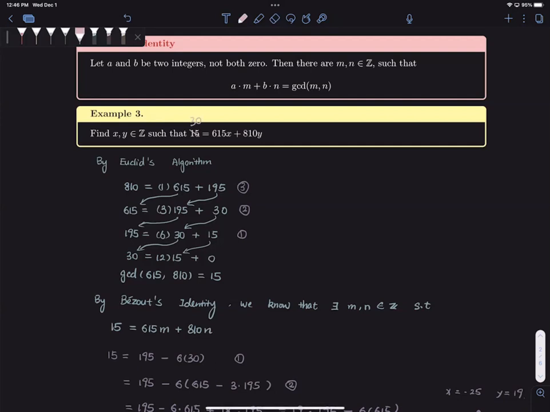Now what do we do? I only changed 15 to 30, what do we do?